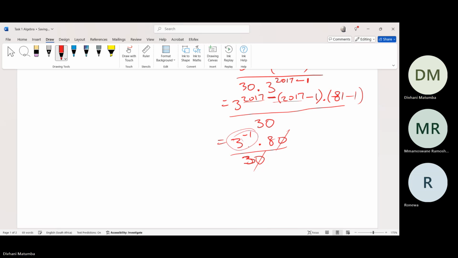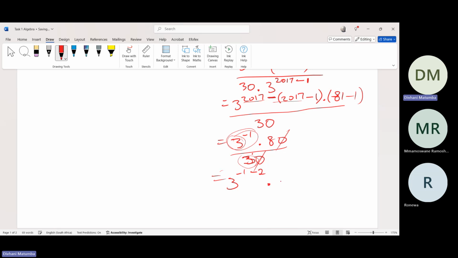Then we will have 3 to the power of minus 1. We are left with 3 underneath. So it will be minus 1 also, because this is 3 to the power of 1, which is going to be a minus, because we now have the same base. I've already cancelled the zeros, by the way.